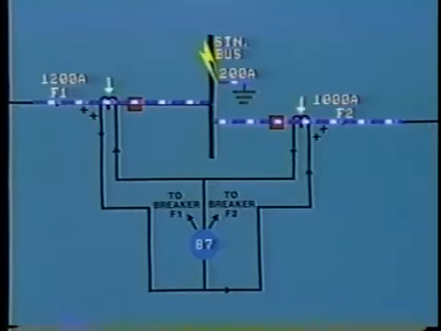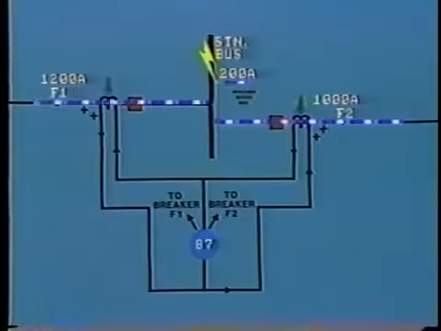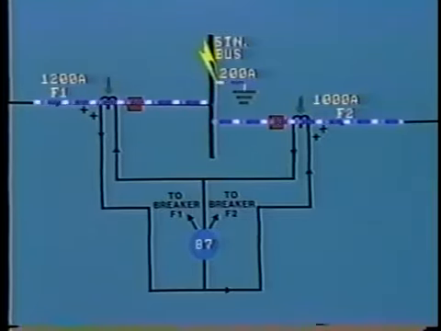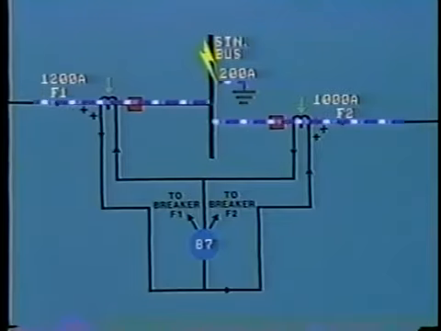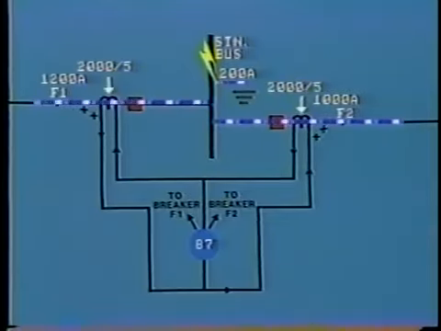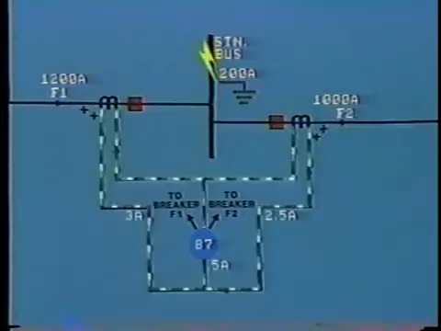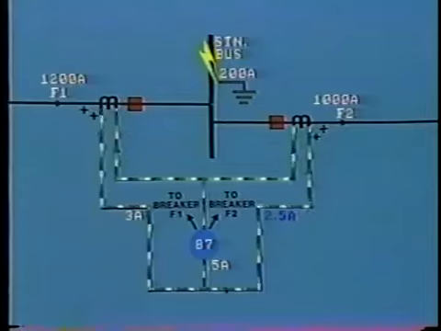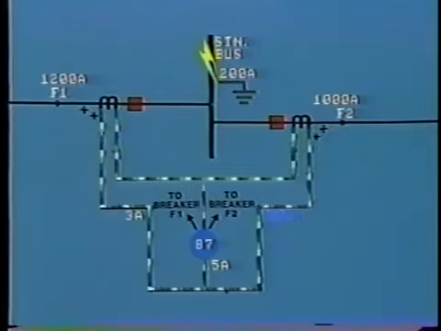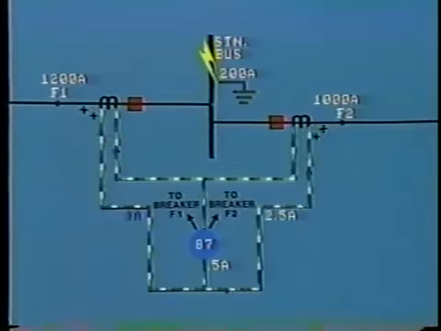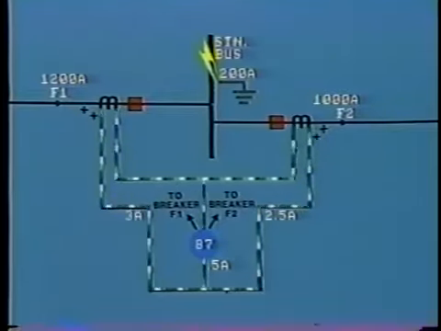By locating CTs in the feeders, we can compare these currents and connect the CT's secondaries to a relay. If we assume that the CT ratio in each case is 2,000 to 5, it is apparent that we have 2.5 amps circulating in the secondary of the outgoing CT and 3 amps flowing in the incoming CT.